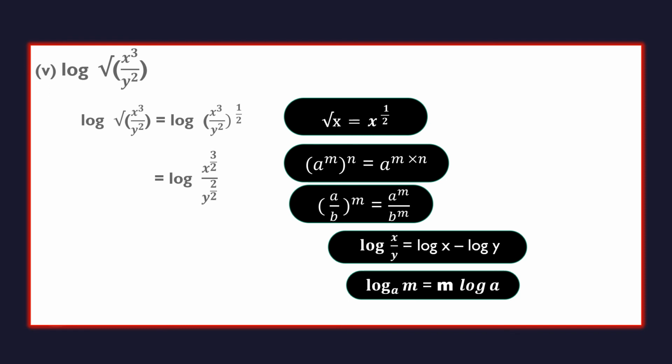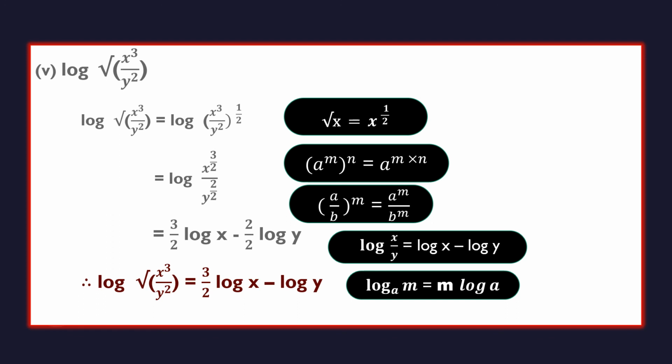By using both these formulas, I'll write it in one step: 3 by 2 log x minus 2 by 2 log y. 3 by 2 we cannot simplify, it would be a decimal, so it will remain like this only. 2 by 2 I can write as 1. So I can write 3 by 2 log x minus log y, since 1 into log y means log y only. So this is your expansion for this square root problem. Please don't get confused: whenever a square root is there, just write it in terms of power 1 by 2. Clear?